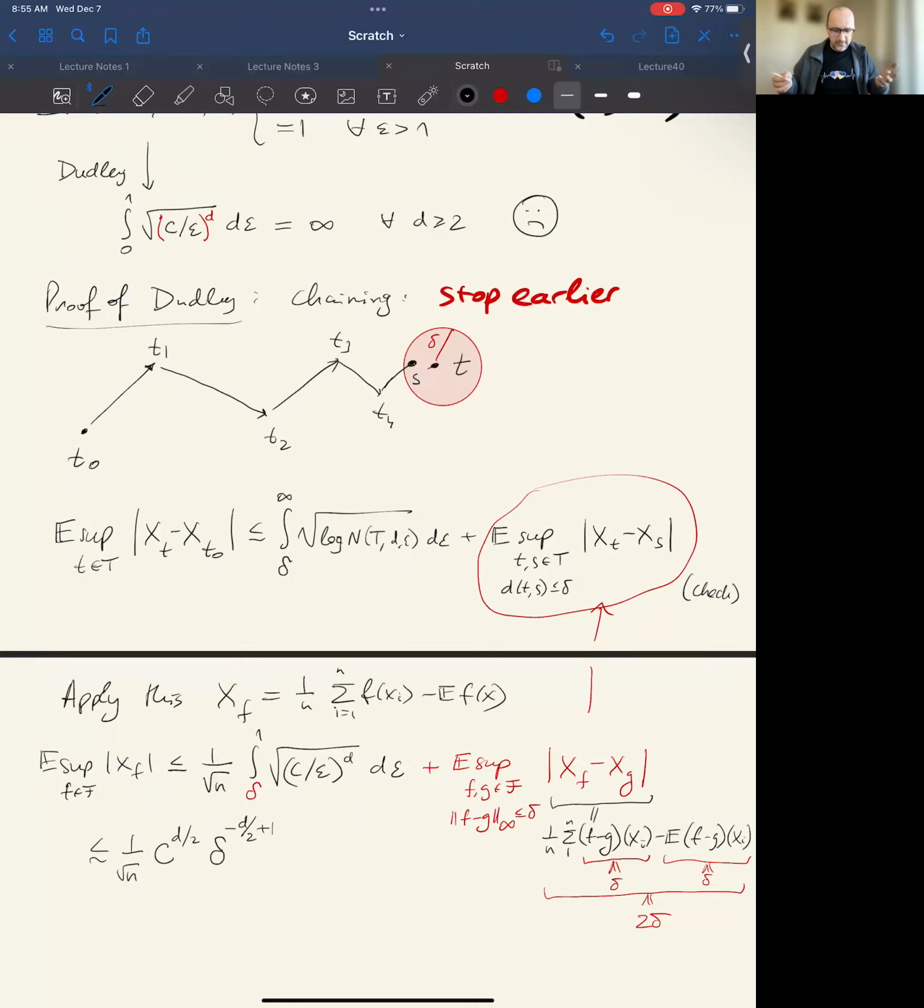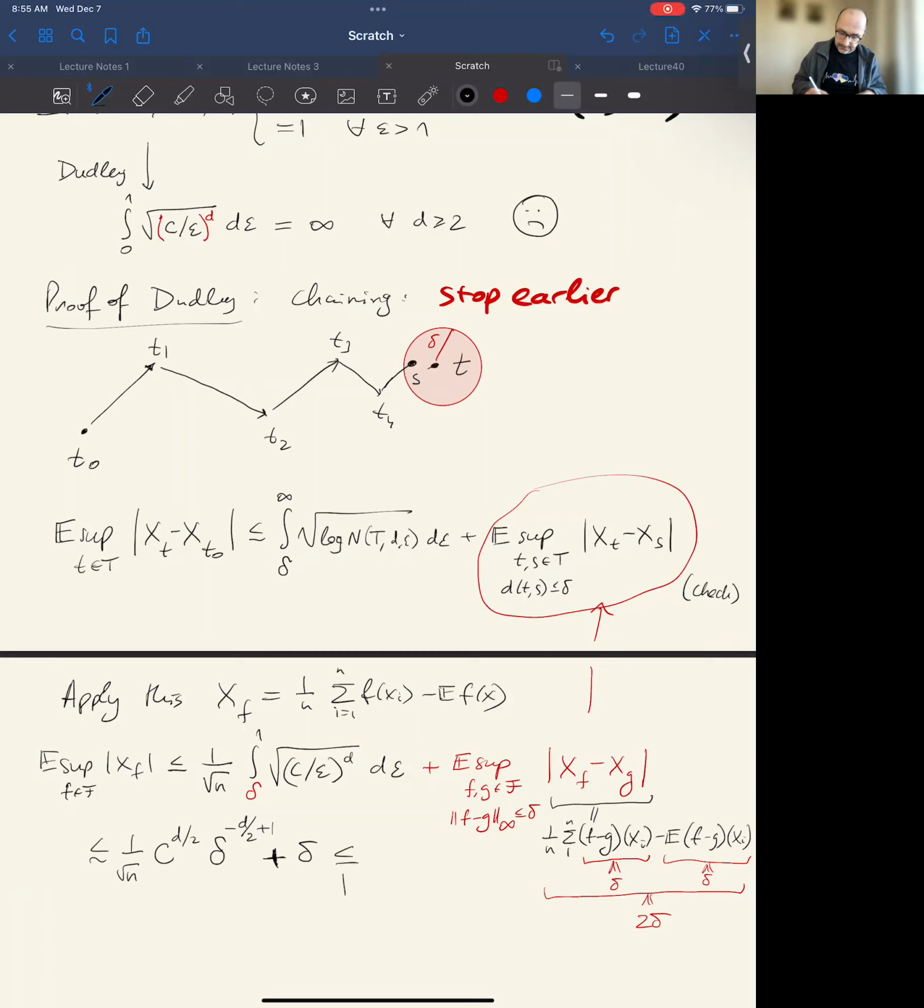I just integrate this polynomial, epsilon to the minus d over 2. Yeah, that's d plus 1. And then divided by d over 2 minus 1, but skip that. That's in higher dimensions even helping us. Plus 2 delta, or plus delta, I'll skip the constant here. Okay, it's a mess, but now delta is in our hands.